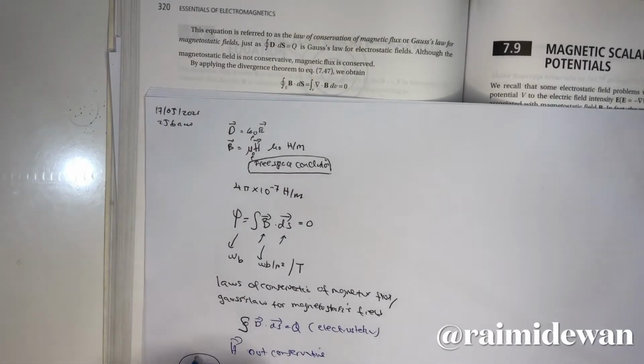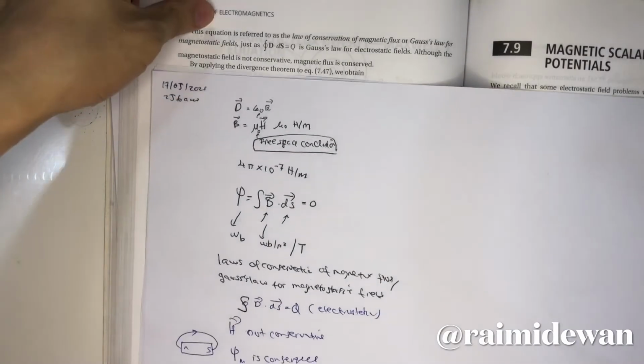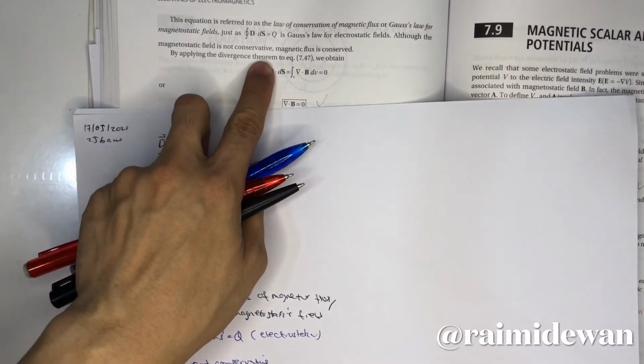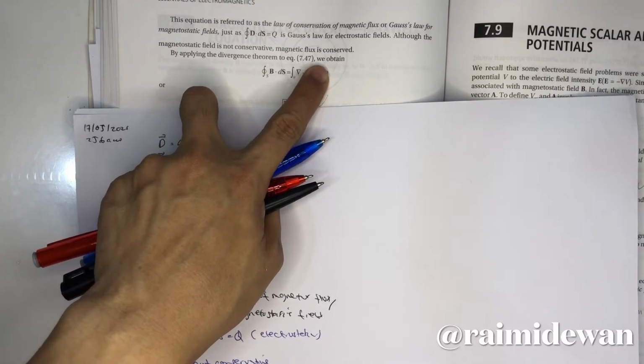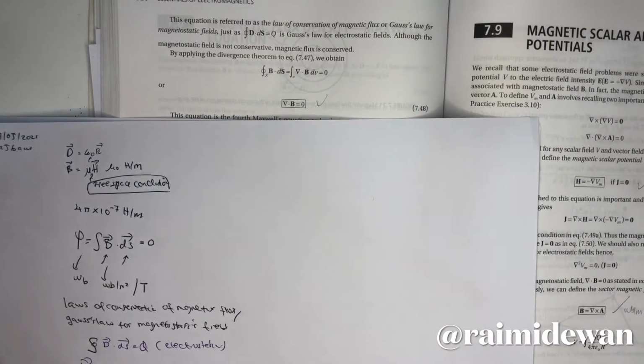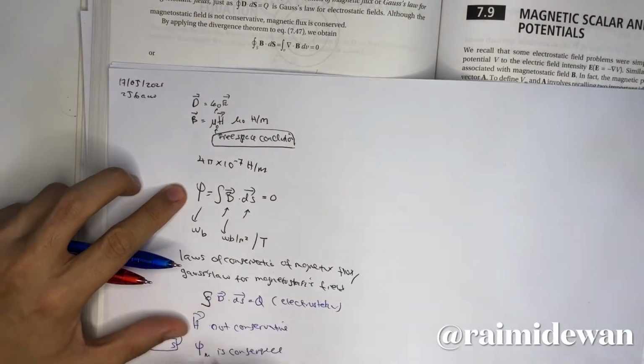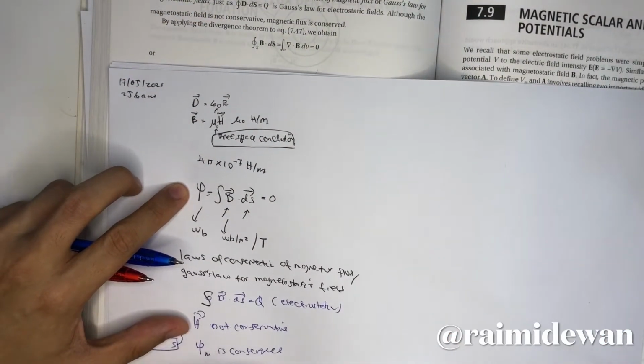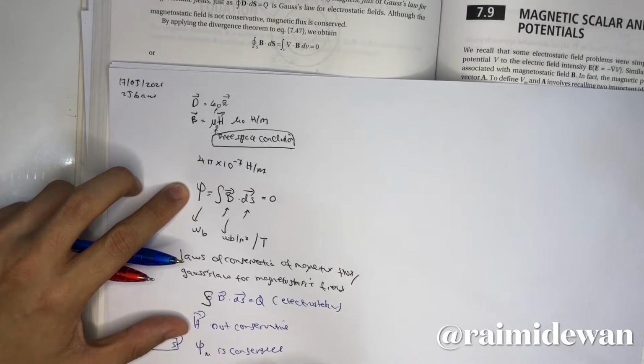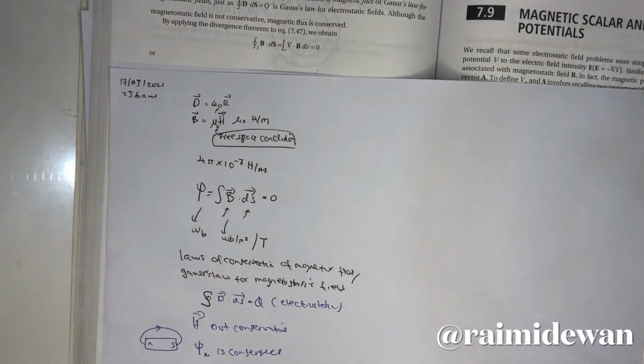By applying the divergence theorem, equation 7.247, we obtain the closed surface integral of B dot dS equals the volume integral of divergence of B dV equals 0.